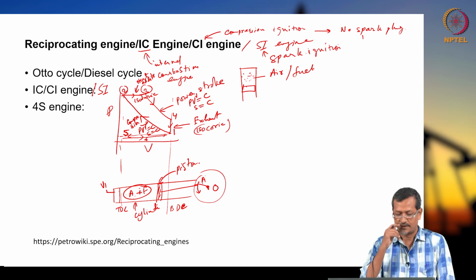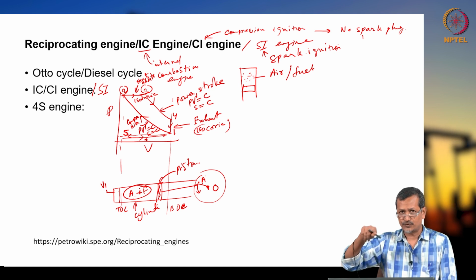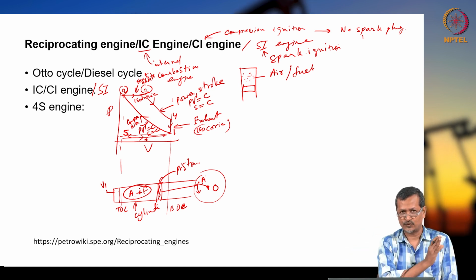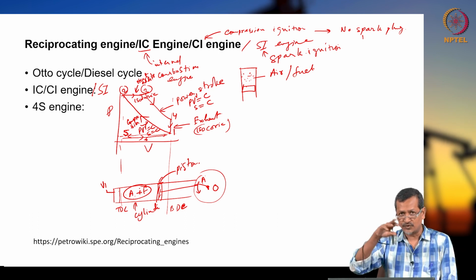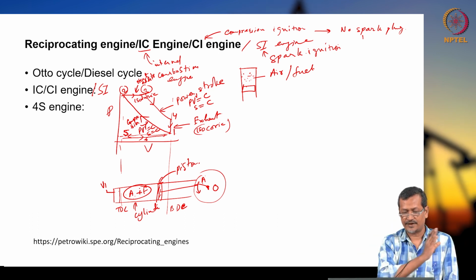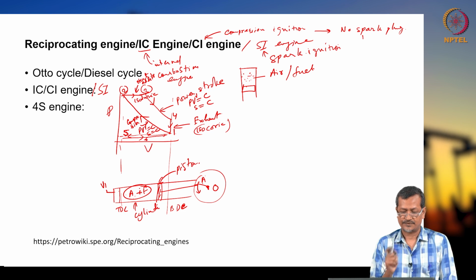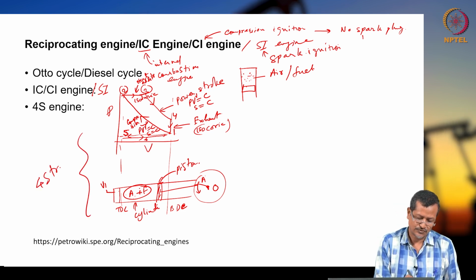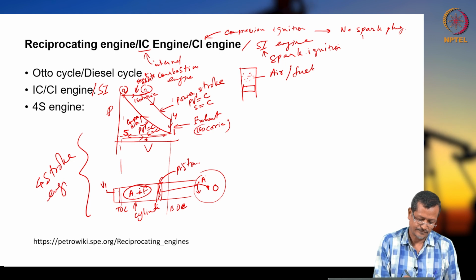So, this crank will be rotating 2 times, you see this crank rotating 2 times, one time going, one time going, 2 times going means 2 rotations. So, 2 crank rotations, okay, but you are getting one power stroke. Okay. So, this is a 4-stroke engine, 4-stroke.